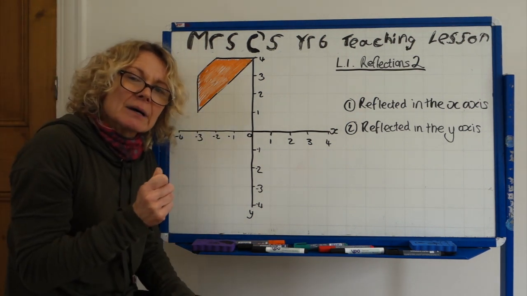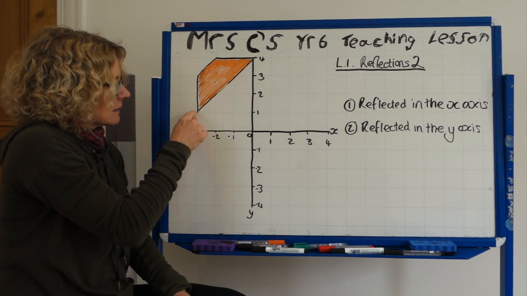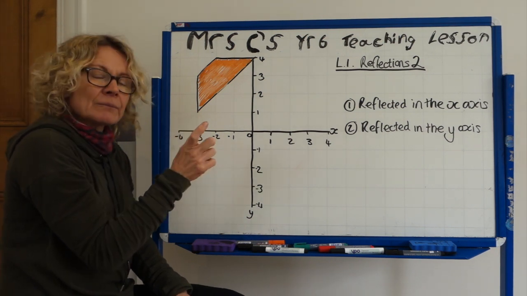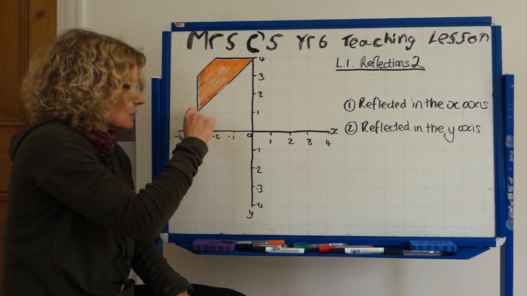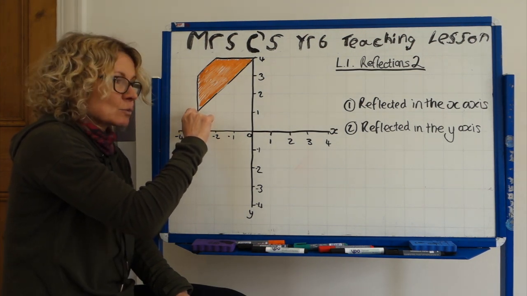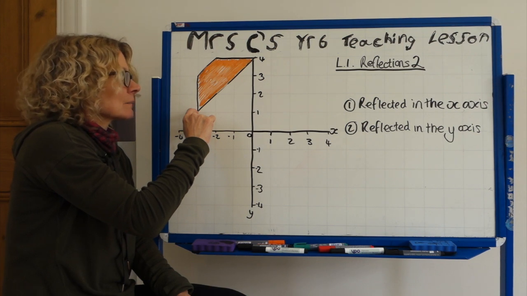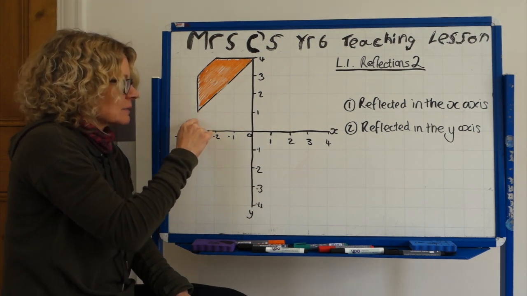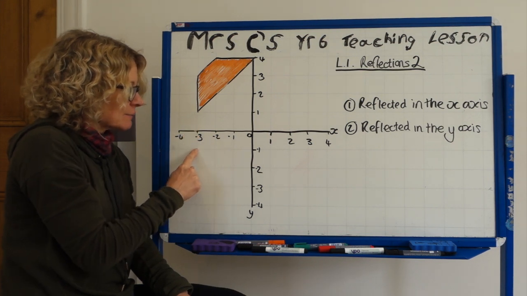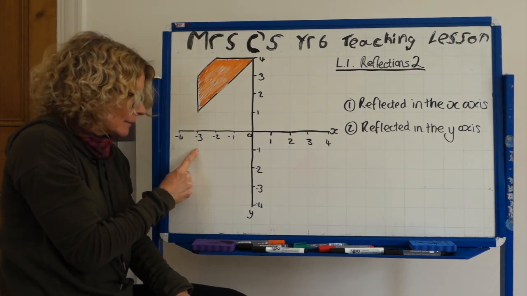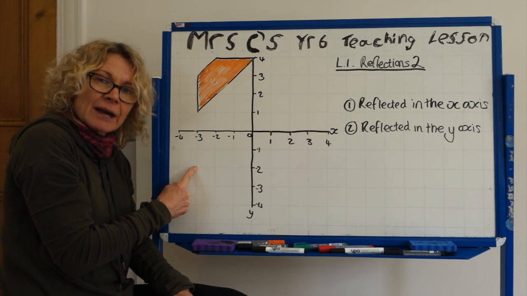The point to remember is that the same distance from that mirror line has to be replicated, okay? So that point there is just one y-axis position away from the x-axis, so this point here has got to be just the same. No good if it's down here, okay?